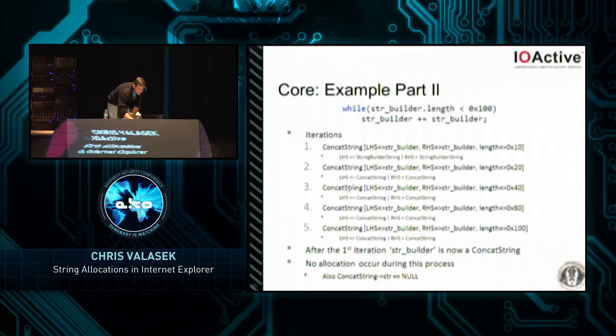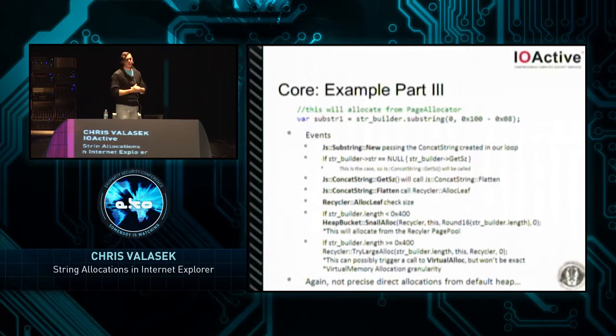And it keeps on creating concat string objects and updating the pointers, like we talked about before, with the left-hand side and the right-hand side. But again, no allocations occur. It's just creating these 20 hex byte objects and updating some pointers. So while you may think that you're creating a big string, in theory you are, but in reality, it's not going to cause an allocation.